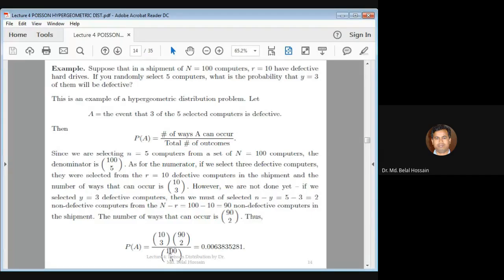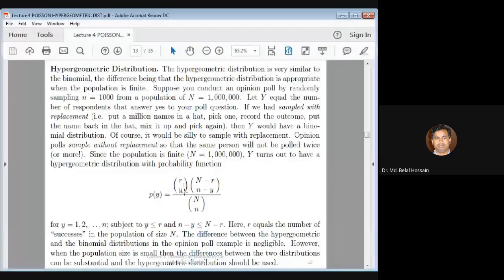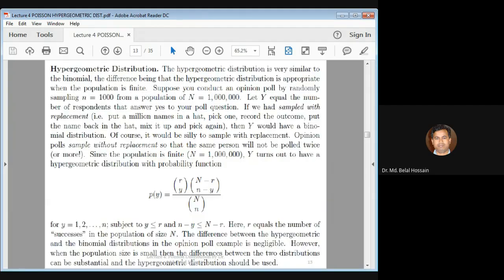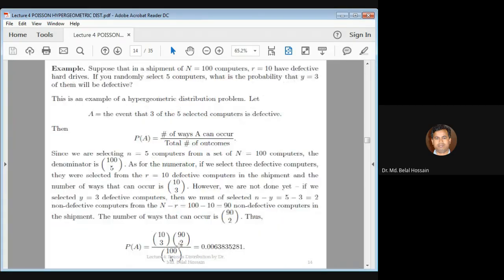So from 100 we have to randomly select 5 computers, so 100 C5 in the numerator, and in the denominator, if you remember the formula RCY, so y equals 3 is given here, so 10C3, then the rest. Okay, N minus R is 100 minus 10, so 90, and this is n minus y, so n is 5, you see, and y is 3, so 5 minus 3 is 2.